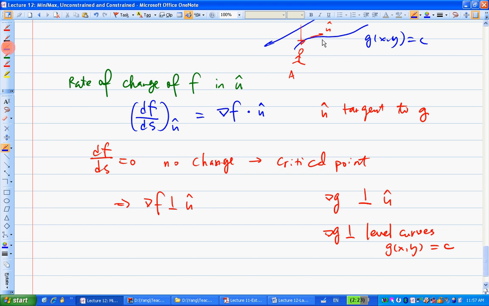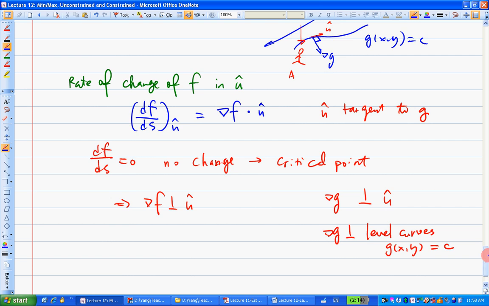So this is u hat here, and the del g maybe goes this way. Is that clear? So we're almost there. Now look at all the given conclusions here. Del f is perpendicular to u hat. Del g is also perpendicular to u hat.